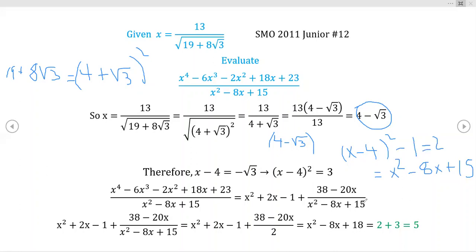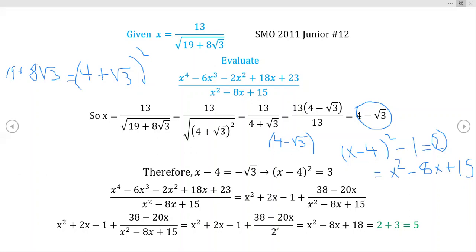Now the rest of it's fairly straightforward. Remember, x squared minus 8x plus 15 is equal to 2. So that's where this 2 comes from right here.